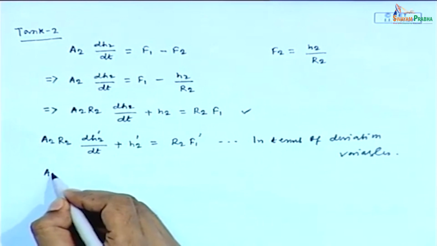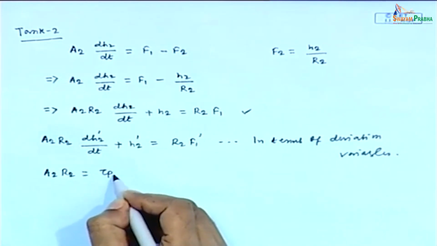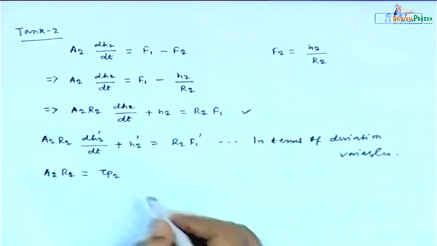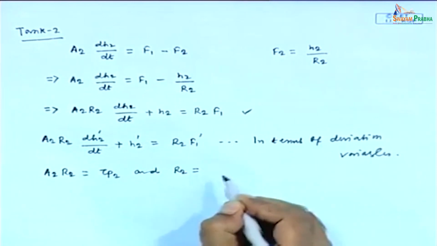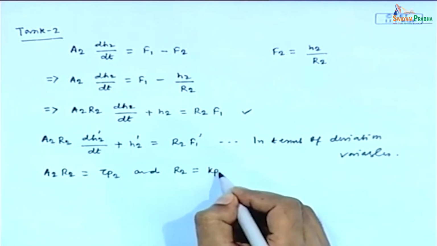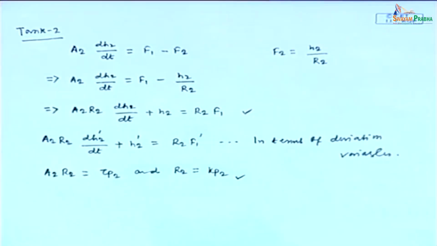Now, we assume A2 R2 equals tau P2 and R2 is equal to Kp2. We assume A2 R2 is the time constant for tank 2 and R2 is the gain of tank 2.